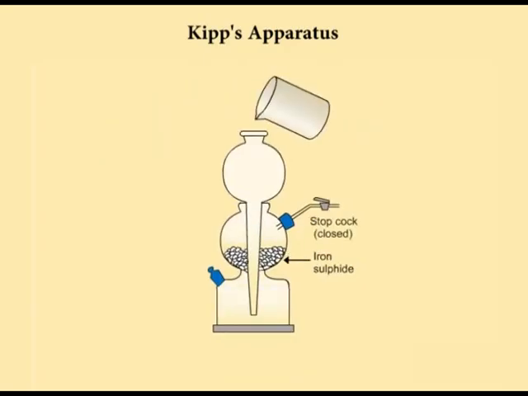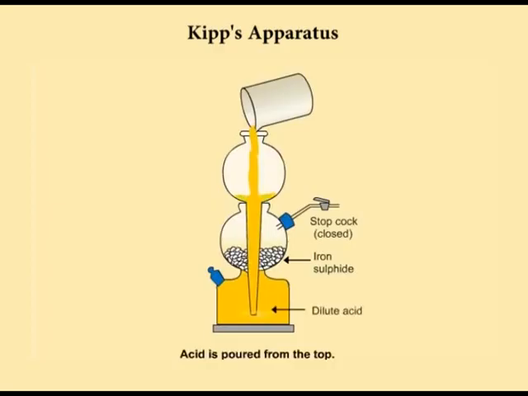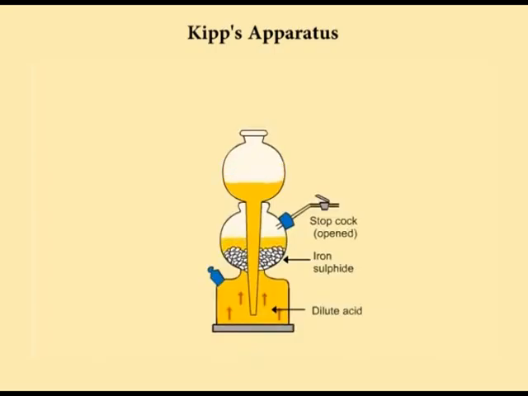Acid is poured from the top. When the stopcock is open, the acid comes in contact with the iron 2 sulfide. A reaction takes place and hydrogen sulfide is generated.